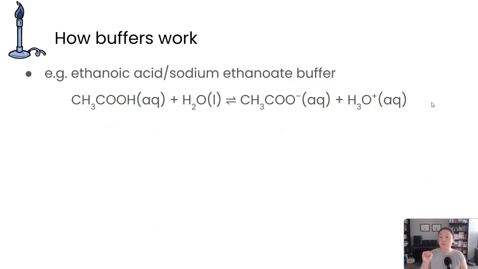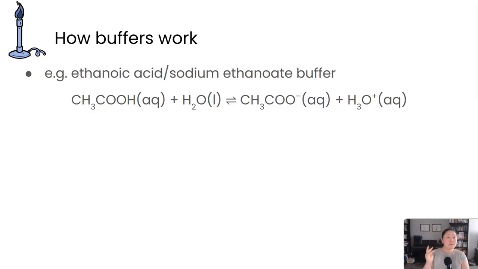Now, let's use one of those examples to talk about how buffers work to resist those pH changes. Here we have one example of a buffer. You have your ethanoic acid plus sodium ethanoate solution. And again, this is a weak acid, salt of the conjugate base combo.